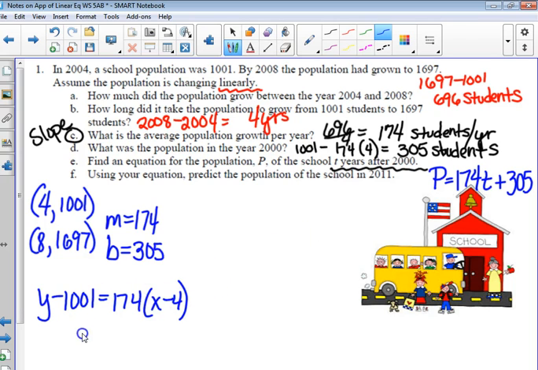This would have worked out the same. If you simplified this, you would get 174x plus 305, I promise. Using our equation to predict 2011, how many years is that into the 2000s? 11. So we're going to put T equals 11 into that equation. Anybody have a number for me?